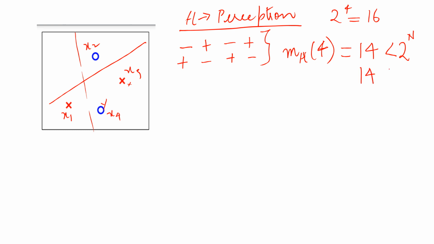So 14 is less than 16. And when we were discussing this earlier, we established that this is the maximum my perceptron could have implemented. But in this particular scenario with just 4 points, it's not able to implement all of those 16. In fact, two of them are pretty clear that they can never be implemented.